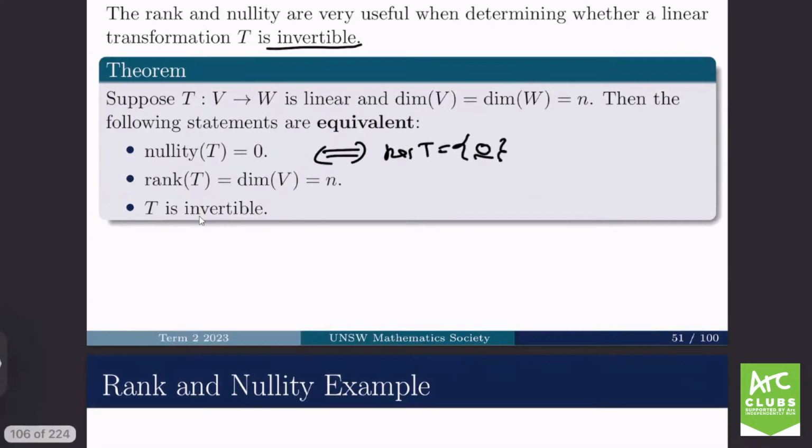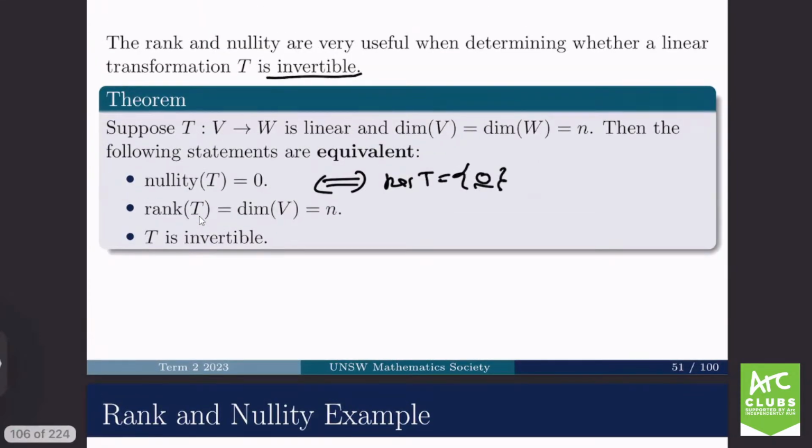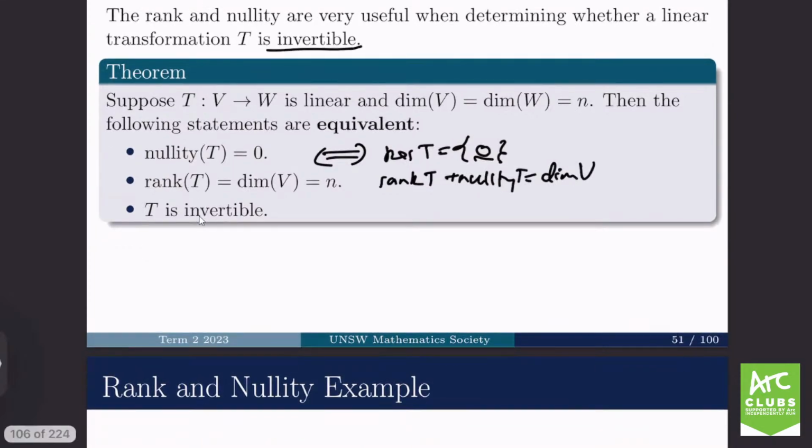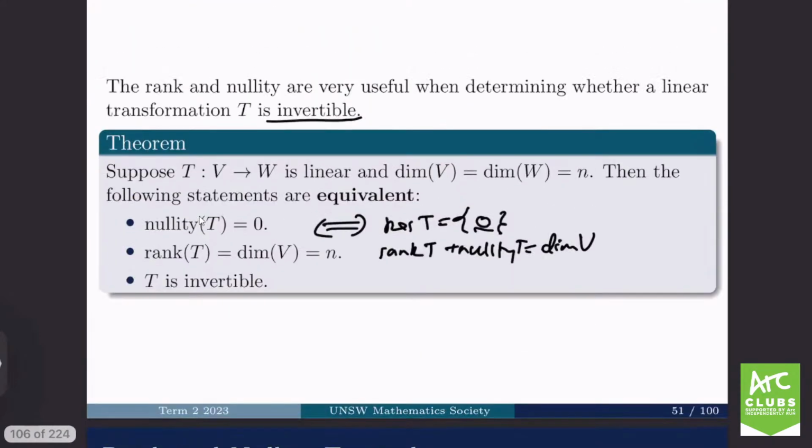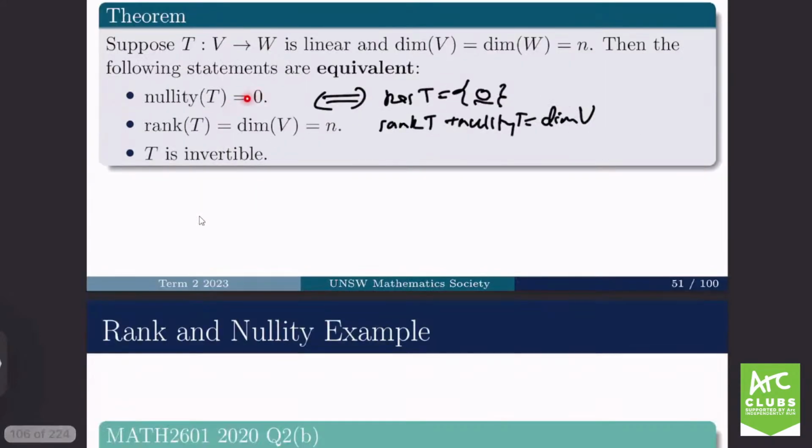The second, the rank of T equals the dimension of V equals n, is equivalent by the rank nullity theorem: the rank of T plus the nullity of T must equal the dimension of V, so if nullity of T equals 0, then clearly rank of T equals dimension of V. And the last one is T is invertible. If we have either the nullity of T equals 0 or the rank of T is n, also referred to as full rank, then T is invertible.